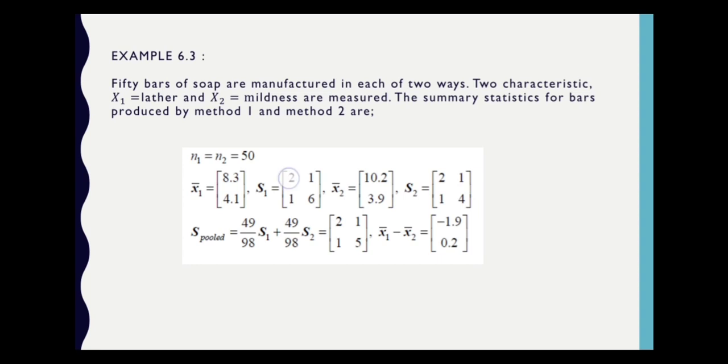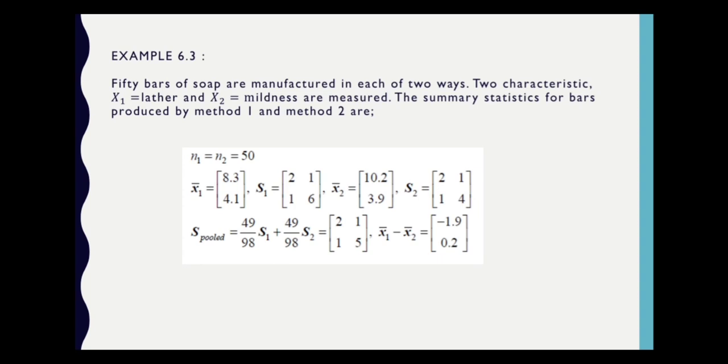So 2 here is the variance for the first variable of the first population, and 2 here is the variance for the first variable of the second population. Do you understand? You must understand the notation properly. Be careful not to mix up, because we have two methods and two characteristics. We have two populations and two variables here.